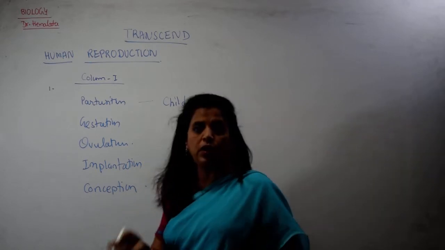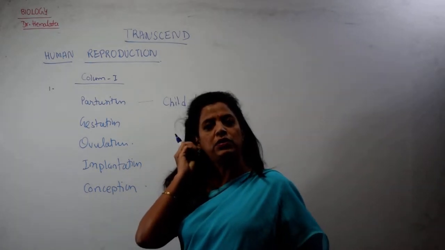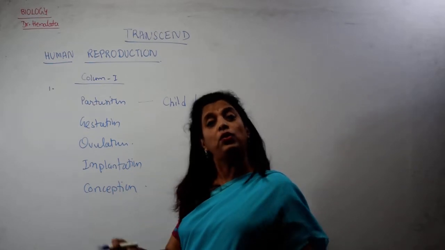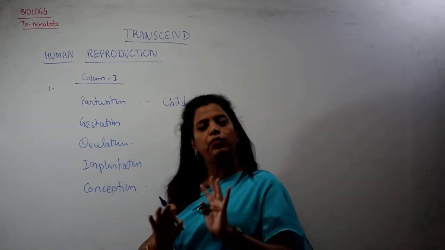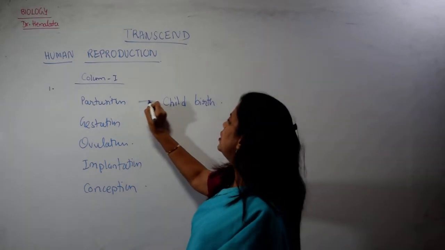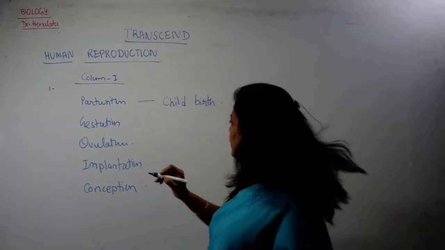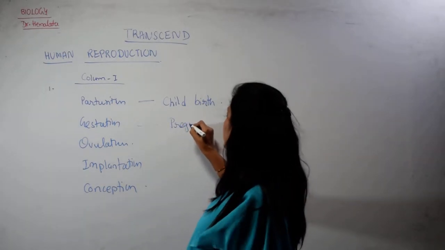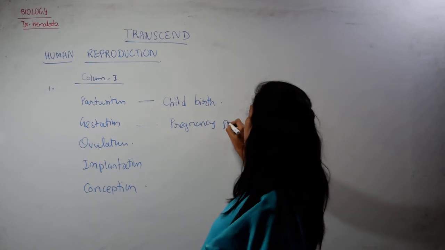When I do NEET portions, I will not just read all 4 answers. Before that, you have to guess the answer. So first one, parturition is the process of childbirth. Then gestation is the period of pregnancy, the pregnancy period.